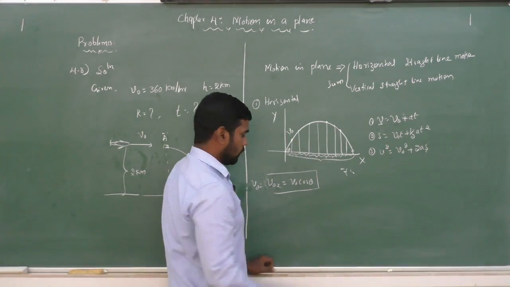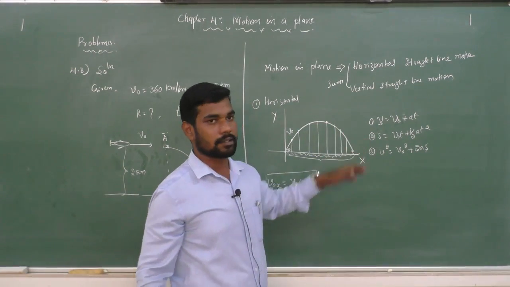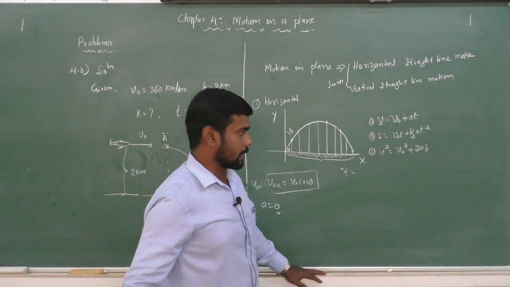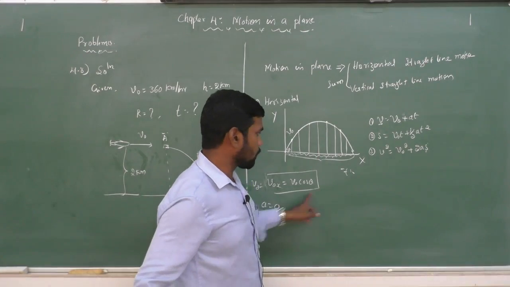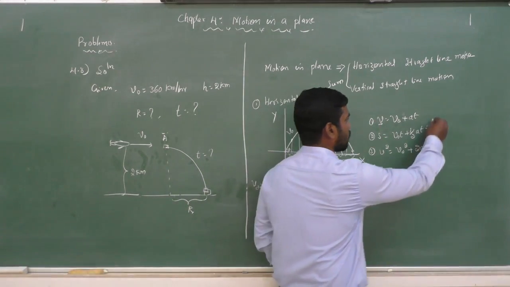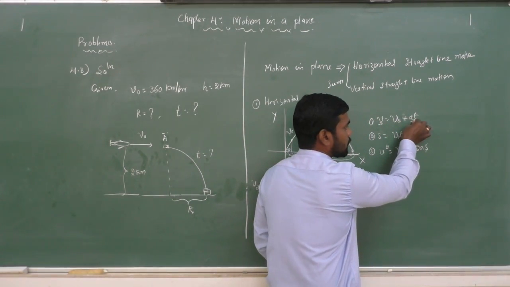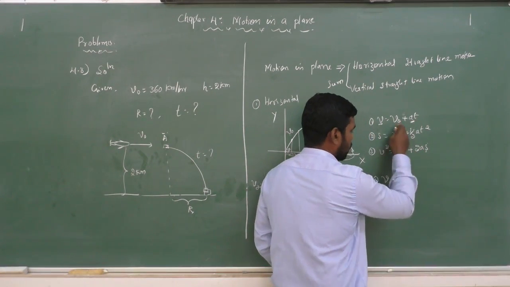Then what about the x direction? As I explained, for the x direction, a will be 0, because there is no force acting on the object. In previous class sessions I explained, along the x direction there is no acceleration. Then what happens to these equations? The first equation, v is equal to v0 plus at, because a is 0, becomes v is equal to v0.